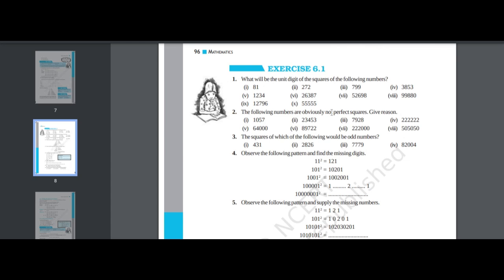You can see that 31 is an odd number, 79 is an odd number, 26 is an even number, and 4 is an even number by looking at their last digits. Understood? Yes, ma'am. So here 431 and 7779 are odd numbers, and the squares of 431 and 7779 will be odd numbers.